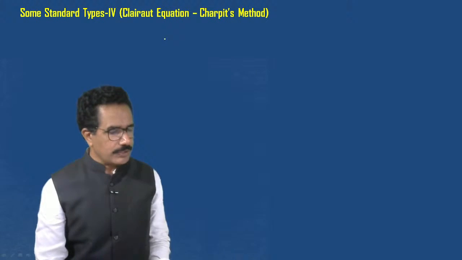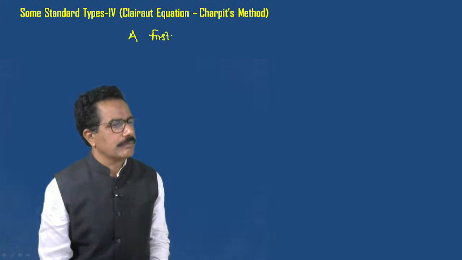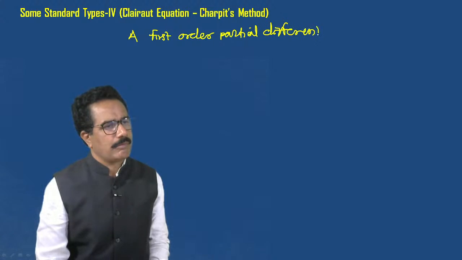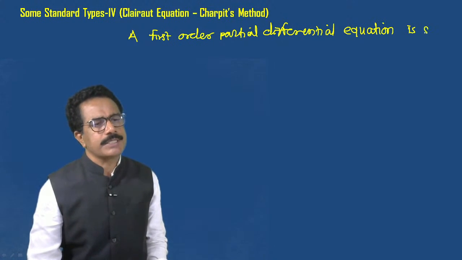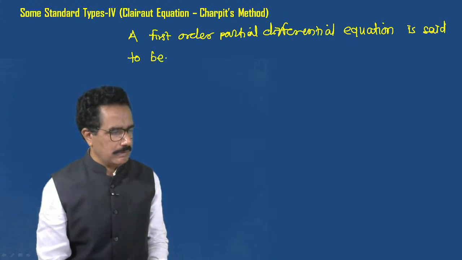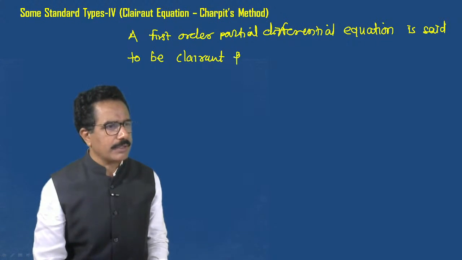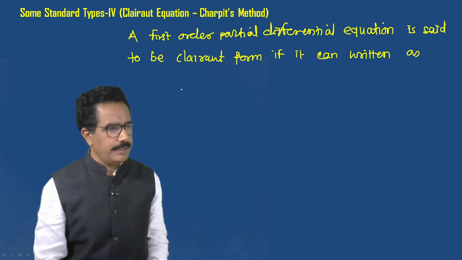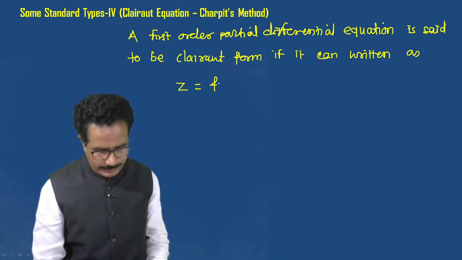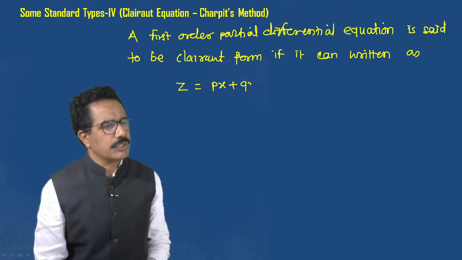A first order partial differential equation is said to be Clairaut equation or Clairaut form if it can be written as z is equal to px plus qy plus a function of p and q.